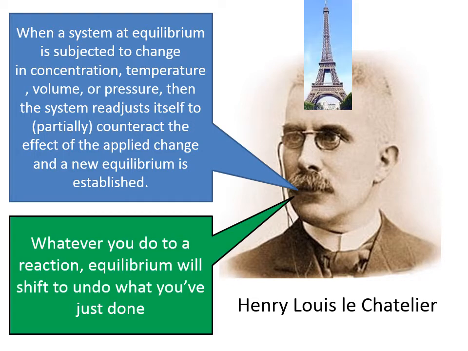Basically, whatever you do to the reaction, equilibrium will shift to undo what you've just done. So if you make a change, the system will try and fix the change that you've just made to get back to its balanced state.